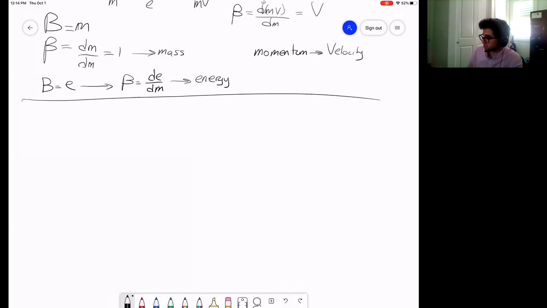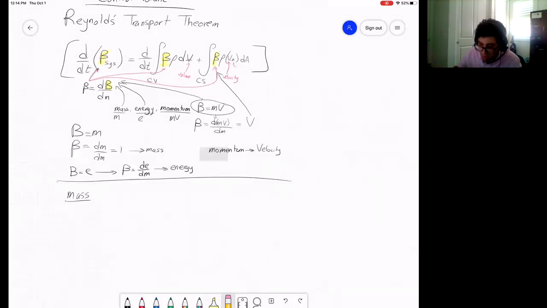Well, okay. So it's 12:15. Let's write down the 3 equations. We'll start with mass. How would you write the transport theorem for mass? It'd be the derivative of 1, which is 0. Exactly.